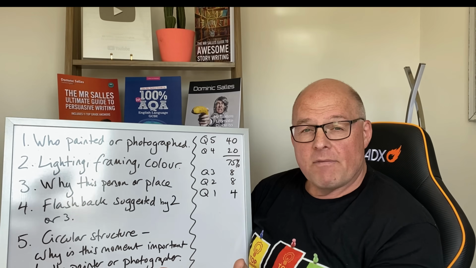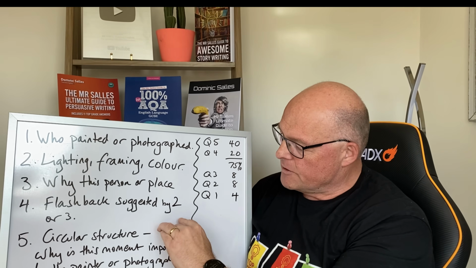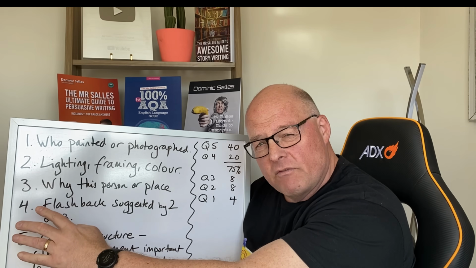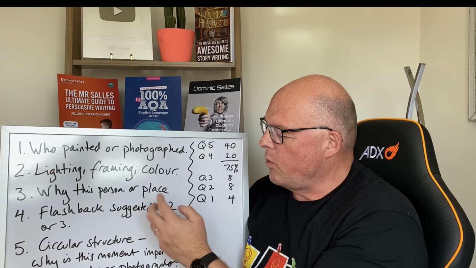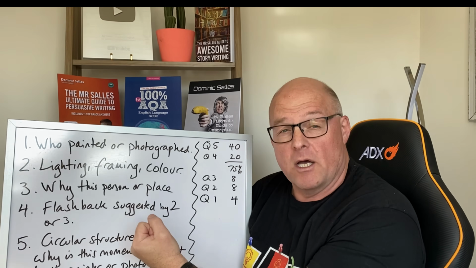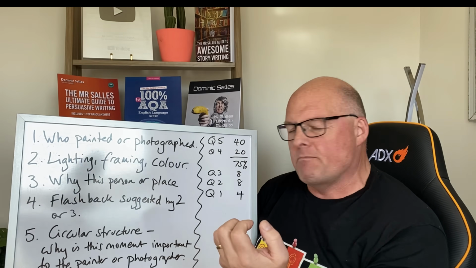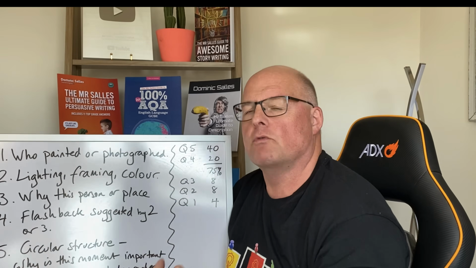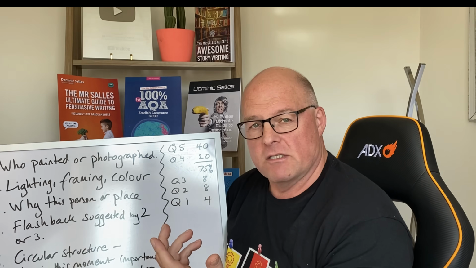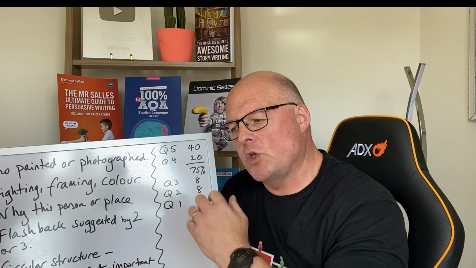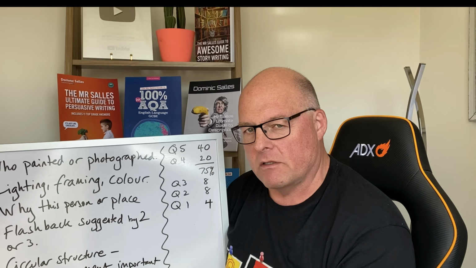And again, that will be easy for you because your flashback will have given you a clue as to why this is an important place or person, because it'll be linked to this memory that is poignant or emotional or significant in some way. Again, you won't have to plan that out in advance.